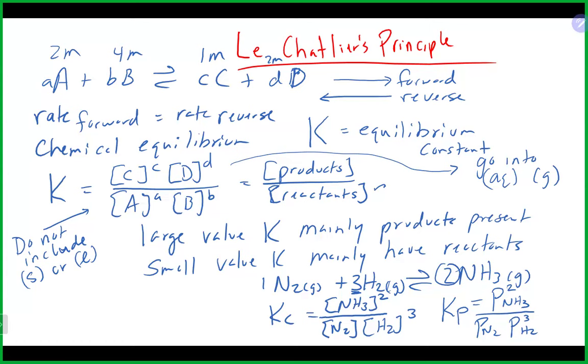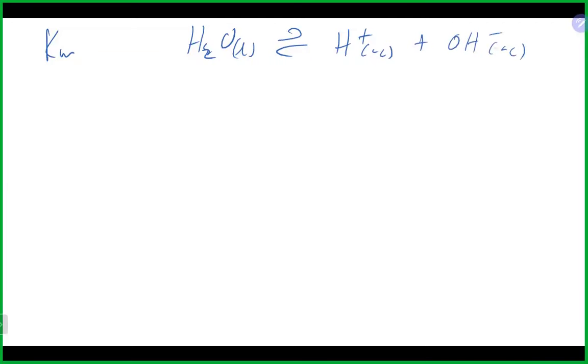We've actually seen an equilibrium expression. We actually used it earlier on in this chapter. That was our friend Kw. Kw is based off of water. That is an equilibrium reaction.